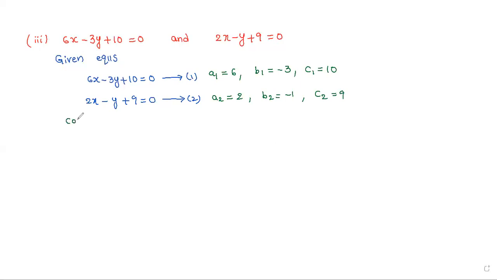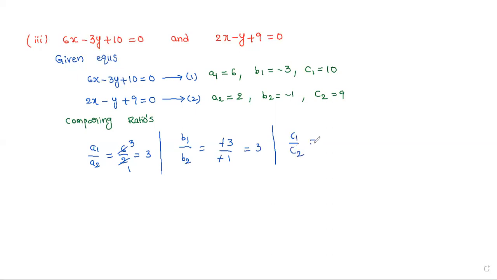Comparing ratios. A1 by A2, 6 by 2, which is 3 by 1, that is 3. B1 by B2, minus 3 by minus 1, negatives cancel, 3 by 1, that is 3.